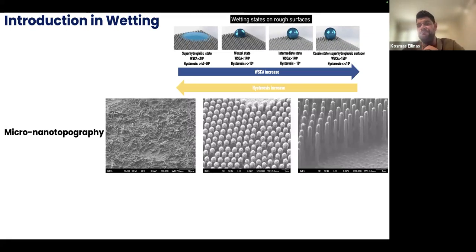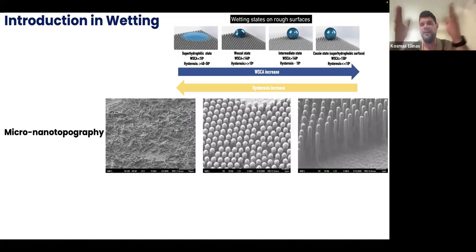So in order to characterize a surface like this, you need two things as metrics. One is the water static contact angle, which is the contact angle as the drop is placed on a surface. And the second one is the hysteresis, which is actually the highest angle that I can measure on a surface by increasing the volume of a drop, and the lowest contact angle when I'm decreasing the volume of the drop.